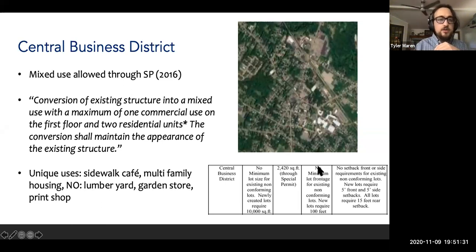As I mentioned earlier, this is the area where mixed use developments are allowed through a special permit as of 2016. That is a pretty major change for the district, coming relatively recently. It's a use unique to the town.